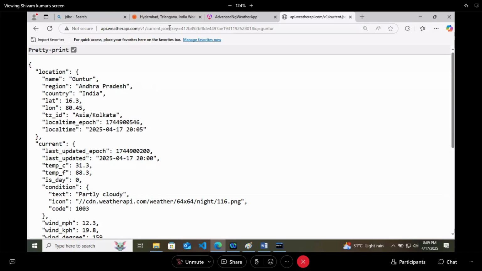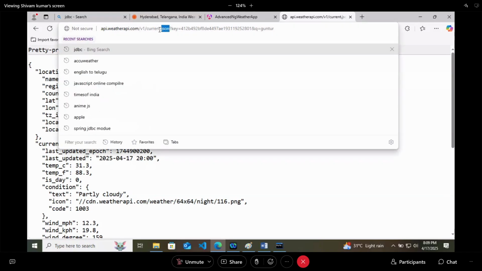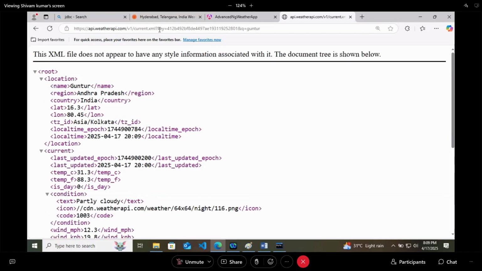So here I will change it. Now this is the XML format, right? In the XML format, the root, location, name is coming as a tag now. But why don't we fetch data in XML format? Because here you can't easily take out these values.